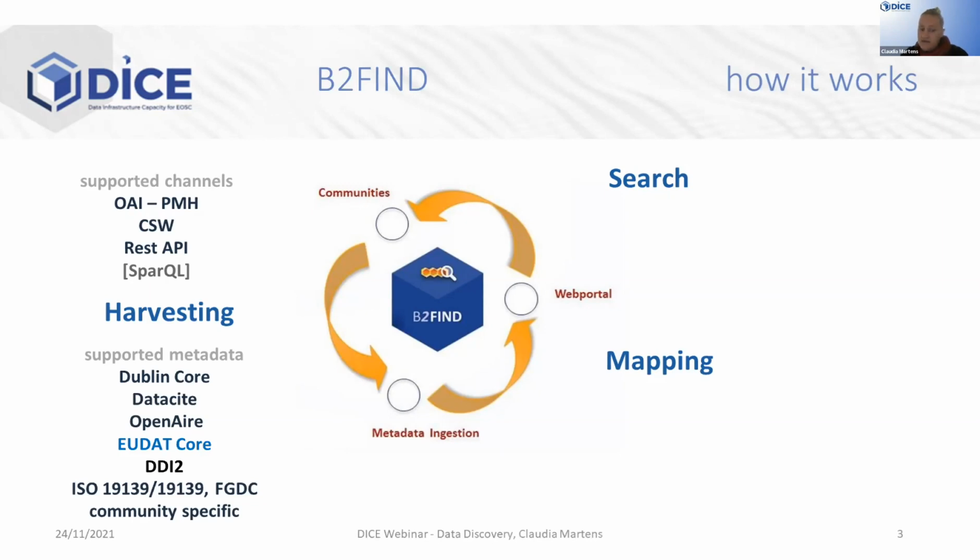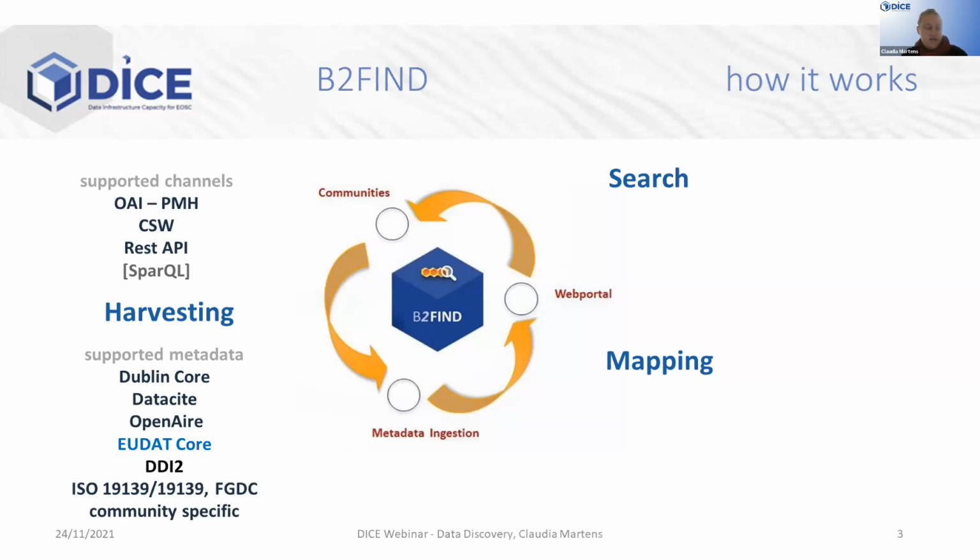The same is valid for EUDAT Core, which is the metadata schema for EUDAT services. The core is mainly the metadata elements that are used by B2Find. There is also an EUDAT extended schema for specific metadata in B2Share, which enables communities to have more metadata created than only the core, but extended to even more specific ones.